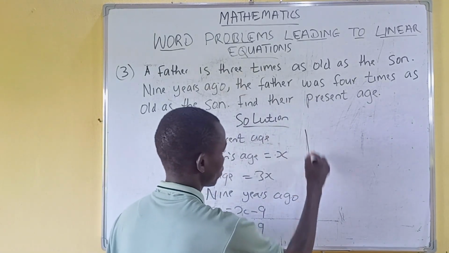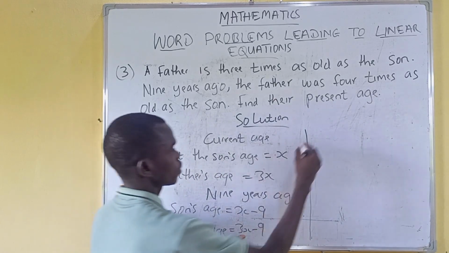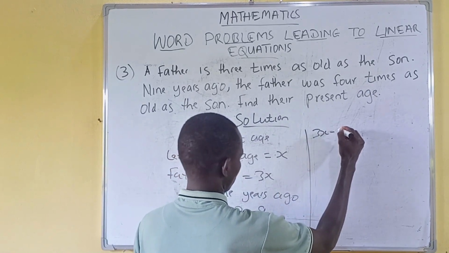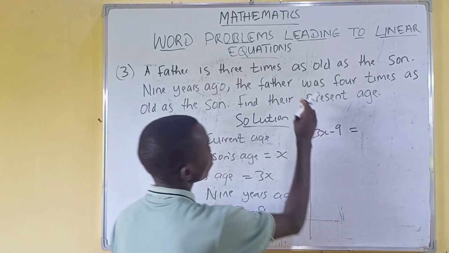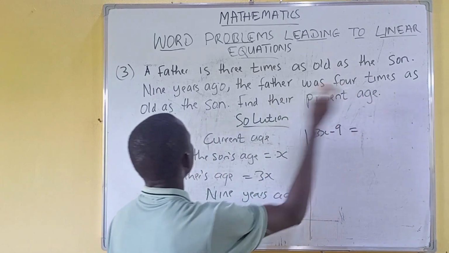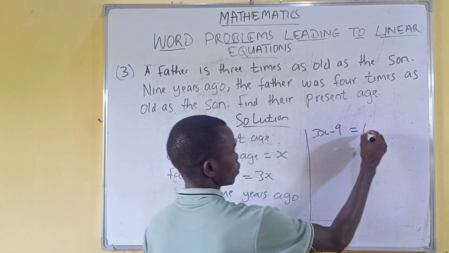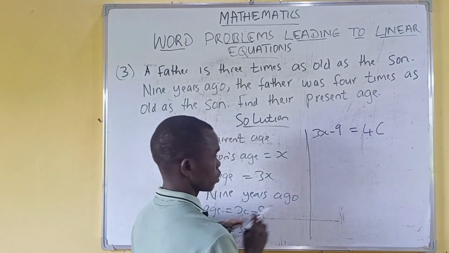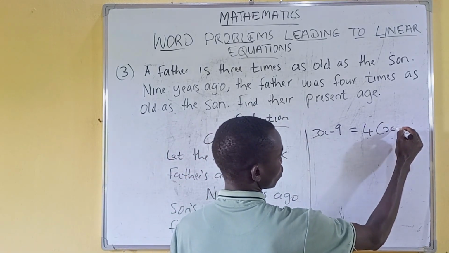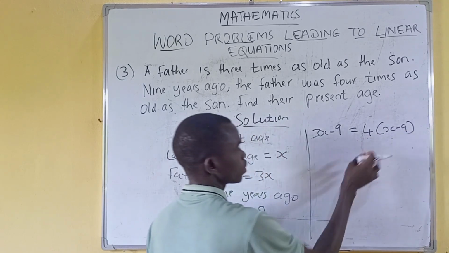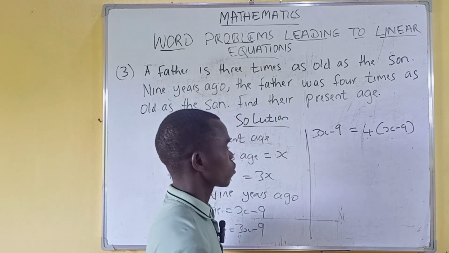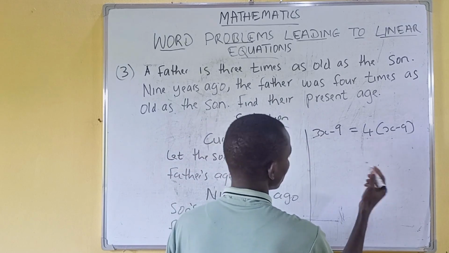From here, we have the father's age, which is 3S minus 9 is equals to 4 times as old as that of the son. So it will now be 4 times the age of the son 9 years ago. So this is our linear equation. From here, we can find the S.